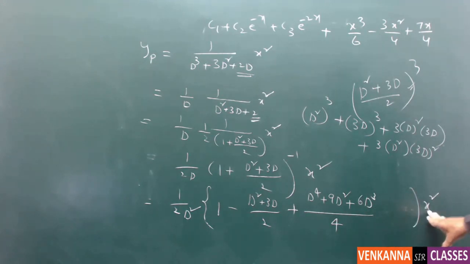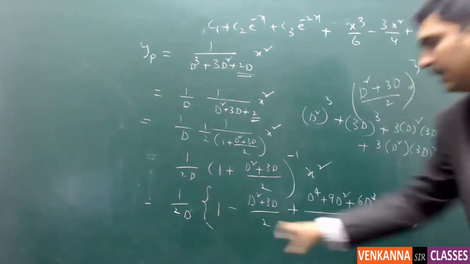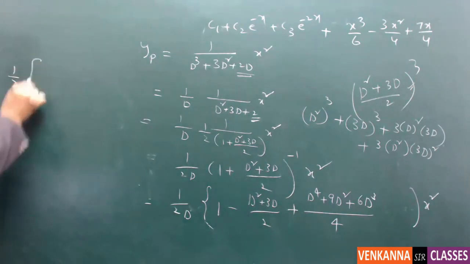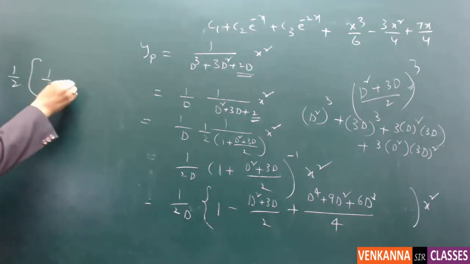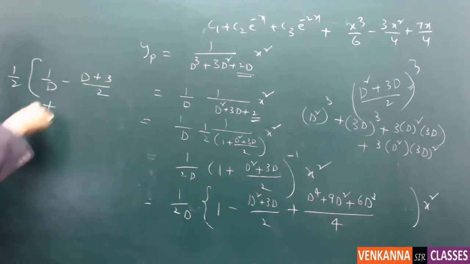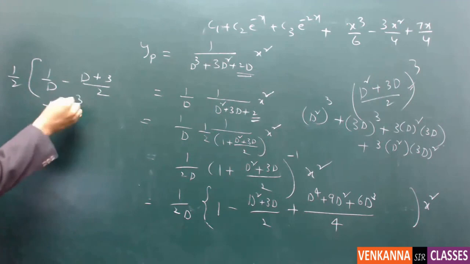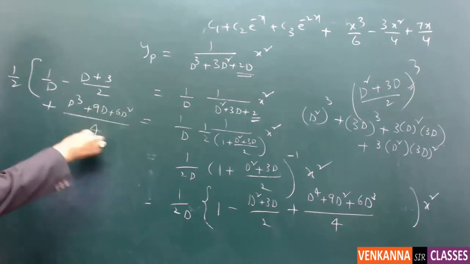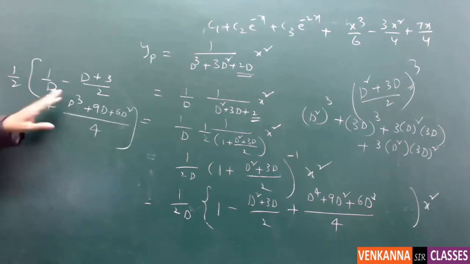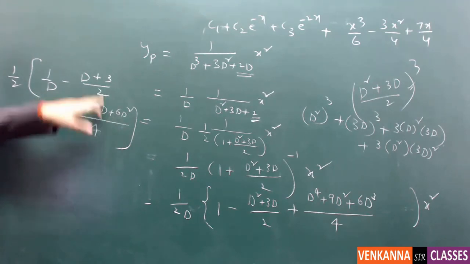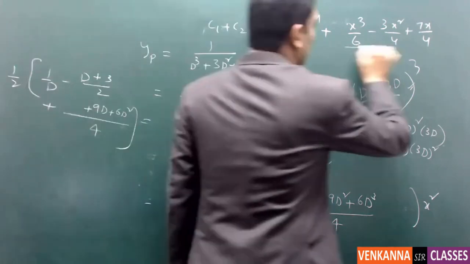So if we apply with d here, it is nothing but 1 by 2 into 1 by d minus d plus 3 by 2 plus here d cube plus 9d plus 6d square by 4. So here d cube is neglected because it contains more power than x. These two will be considered. So on simplifying, you will get this final answer.